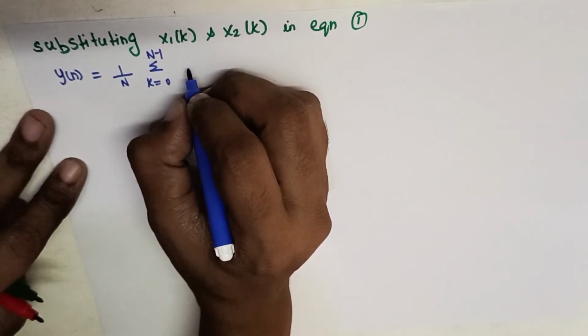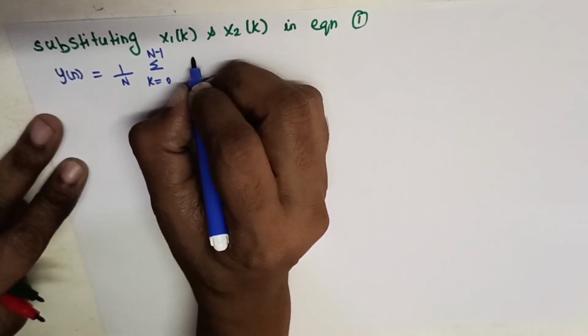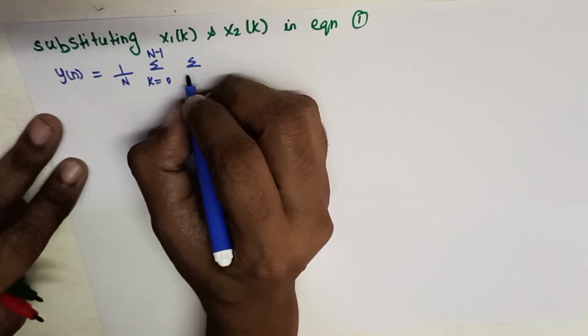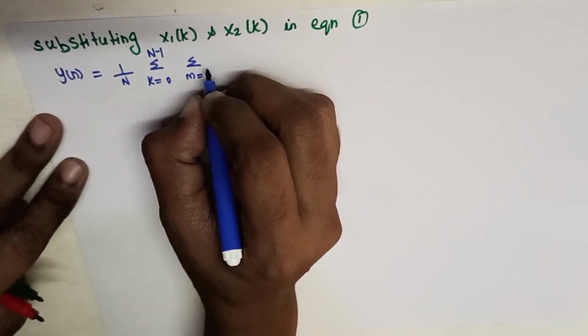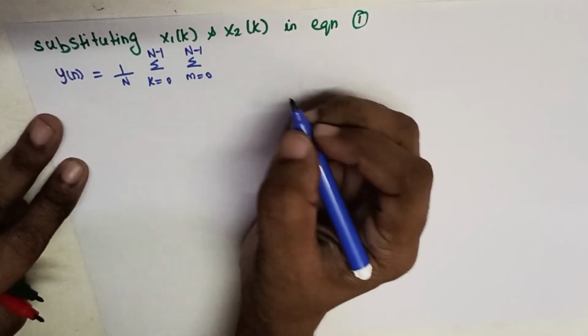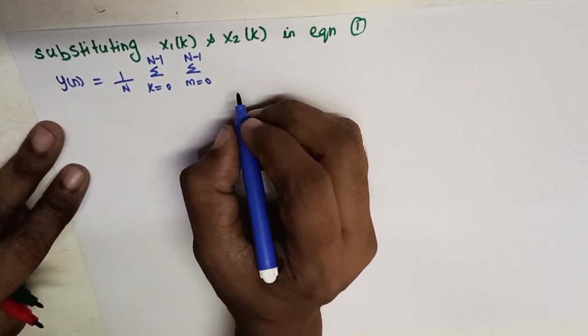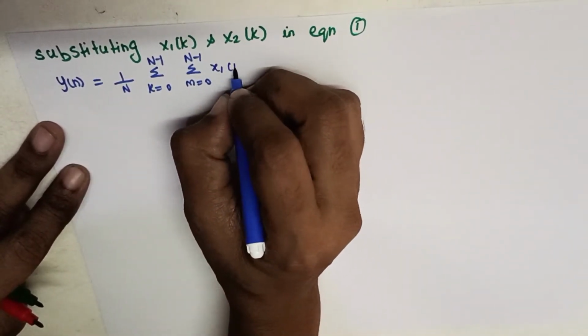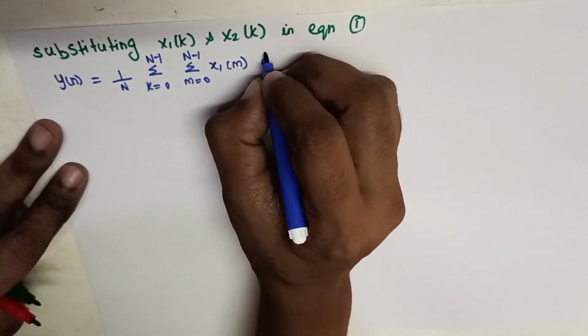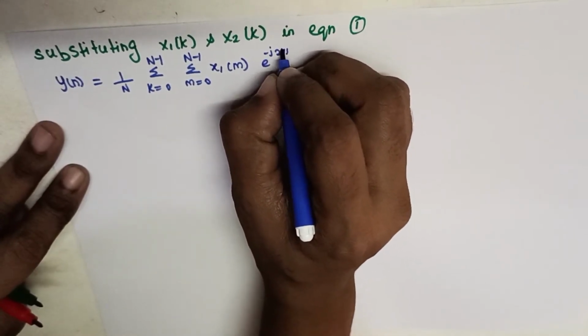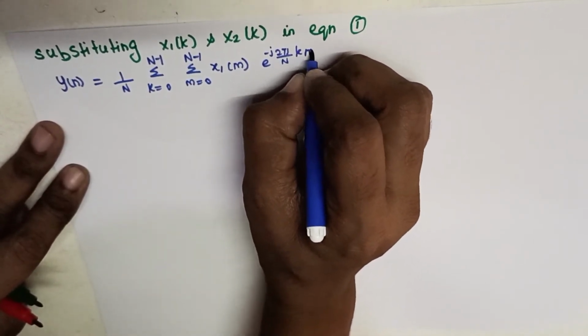Then you have the x1 of k term. So you have to substitute the formula for x1 of k, which will be summation m is equal to 0 to n minus 1 x1 of m e power minus j 2 pi by n km.